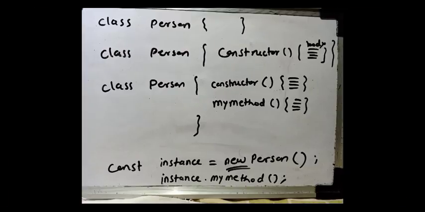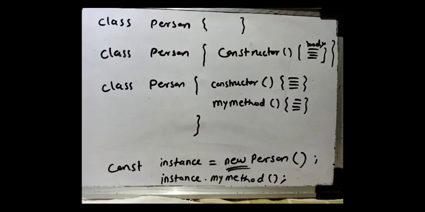This is a class person. Within the person class, I have a constructor having a body, and a method named myMethod. So a constructor always has a body.